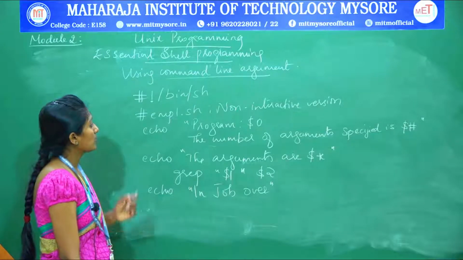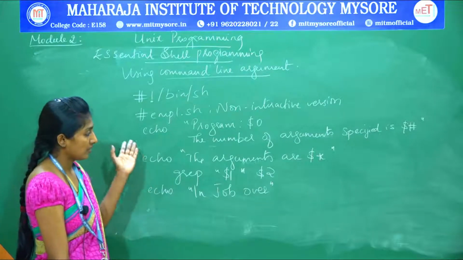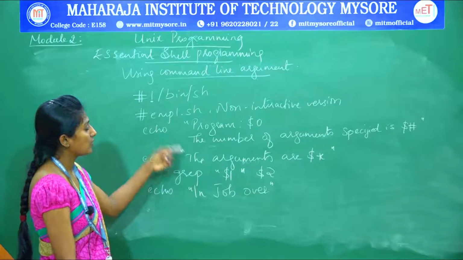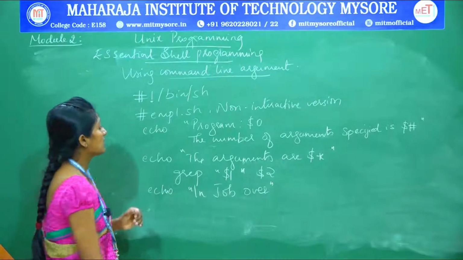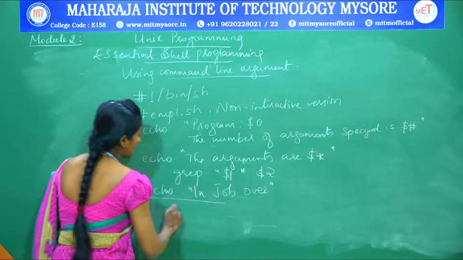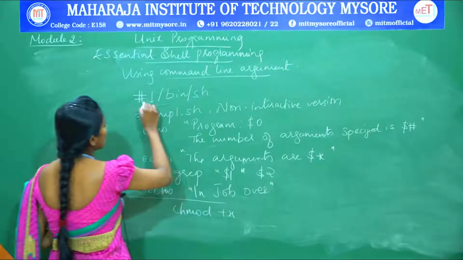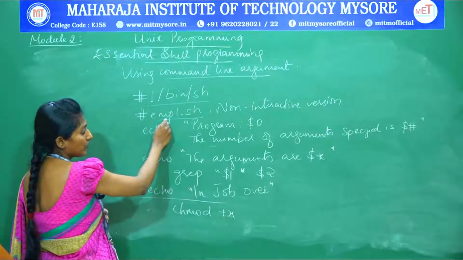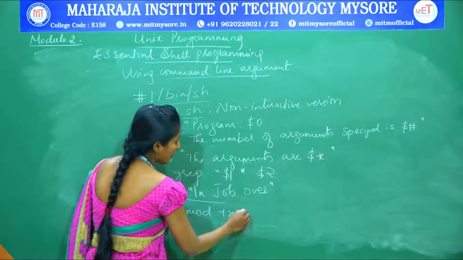This is about the positional parameters I discussed in the previous topic, and how they are used in this simple example. After editing this, as I said, every time you have to provide the permission mode. This has been stored with the .sh extension, and the file name is emp1.sh. So chmod plus x, followed by what?